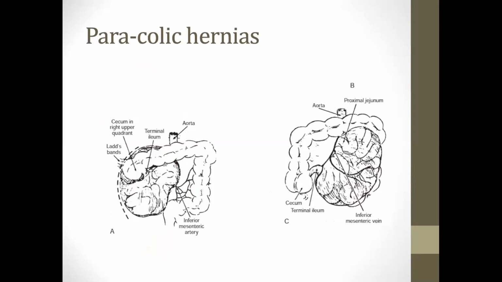If abnormal fixation happens, we have mainly two types, called paracolic hernias: right paracolic hernia or left paracolic hernia. This is actually a congenital internal hernia. In right paracolic hernia, we will see malrotation and a sac containing the small bowel with Ladd's bands.